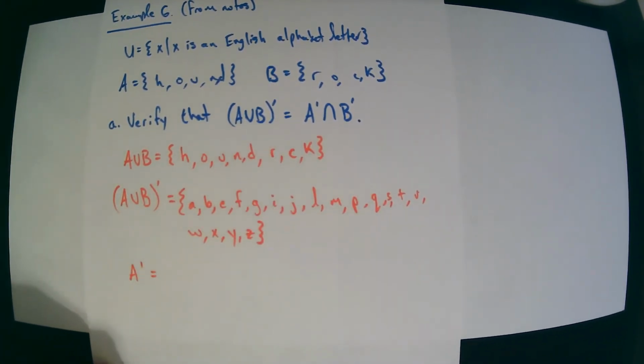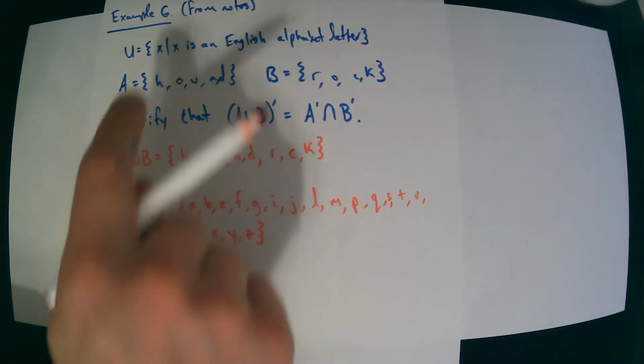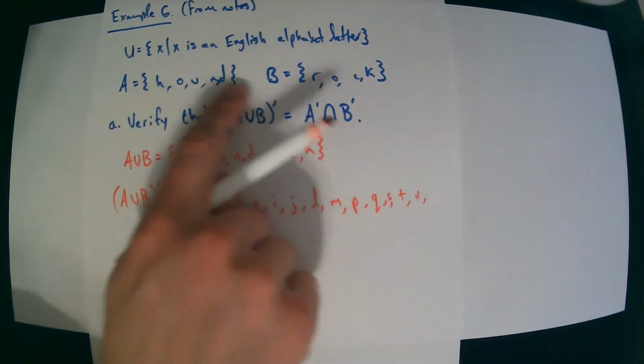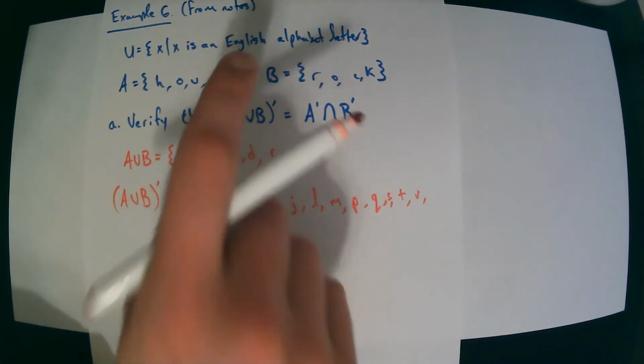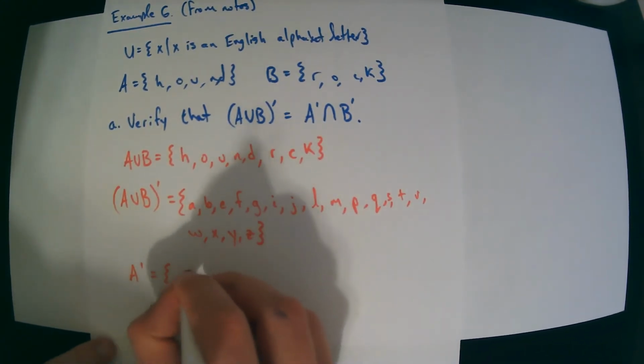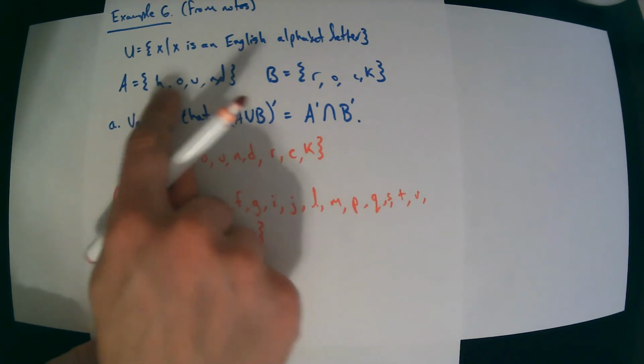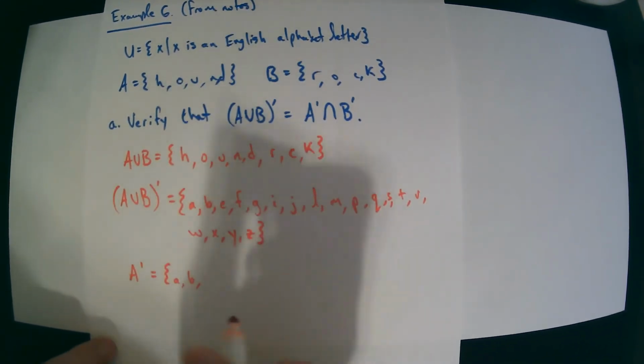A complement first is going to be all the things that are in the universal set that are not in A. So I'm going to write everything except for these 5 letters.